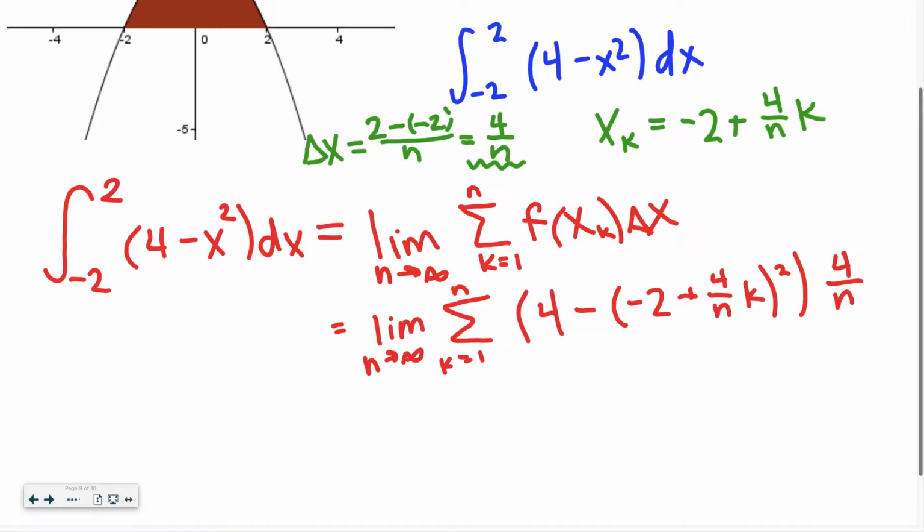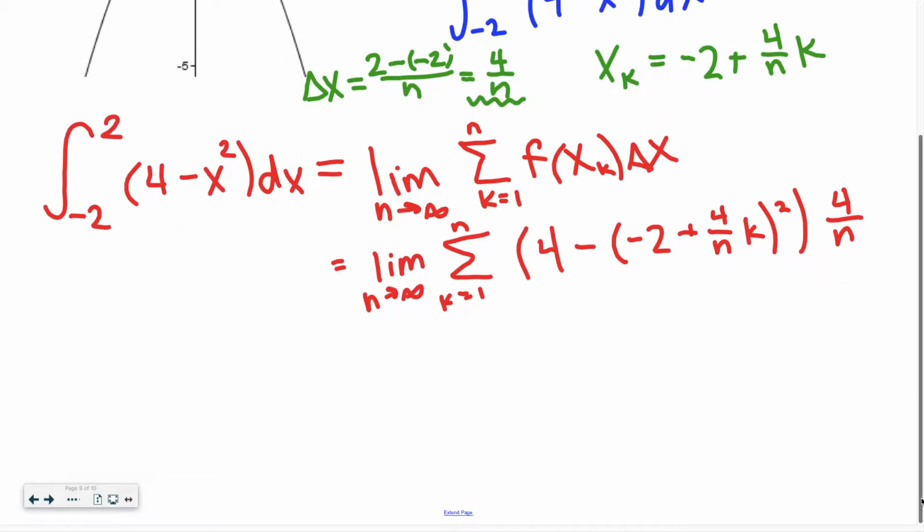Okay, so now we need to do some calculating and simplifying in here before we can break this up into our rules. The first thing we need to take care of is this right here. We can square binomials without having to put all of our work down.